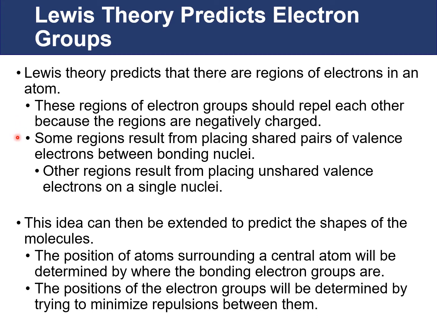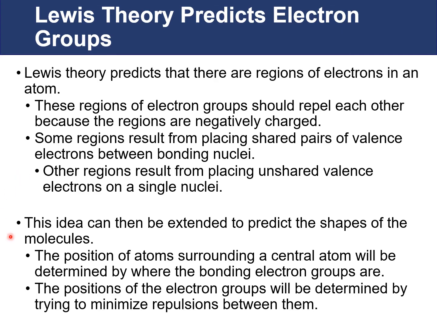Some regions result from placing shared pairs of valence electrons between bonding nuclei in the form of a chemical bond. That is a region where the electrons are being shared between the two atoms that are making up the bond. And then you'll have other regions resulting from placing unshared valence electrons on a single nuclei or a single atom.